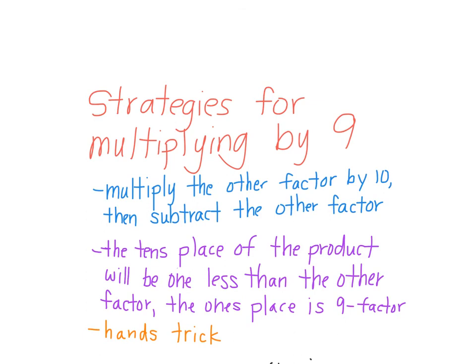And of course, you can always make yourself a cheat sheet by listing the multiples of 9, which goes pretty quickly when you are listing those, because you can just start 1, 2, 3, 4, 5, 6, 7, 8, 9, then 9, 8, 7, 6, 5, 4, 3, 2, 1, 0.